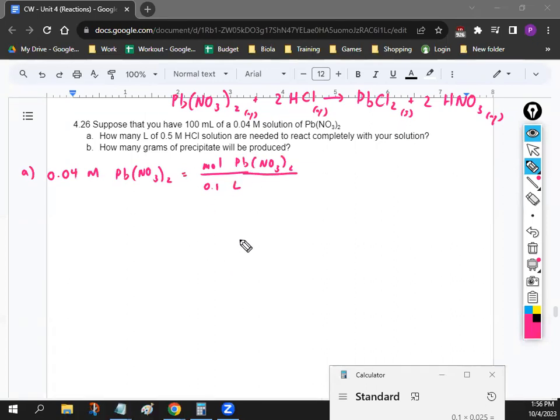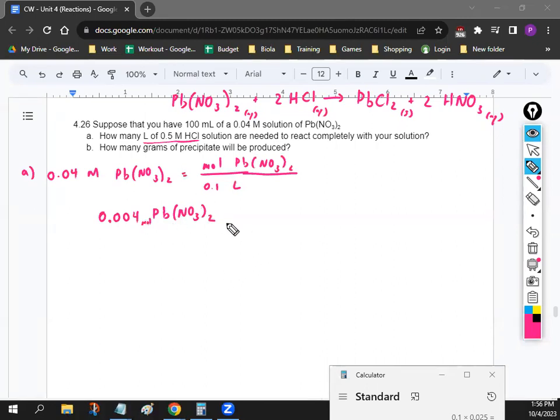If we multiply these two values, that's going to give us our moles of lead nitrate, and that's going to be 0.004 moles of PbNO3. And then from there, since we are looking for liters of HCl, we want to turn this into moles of HCl.